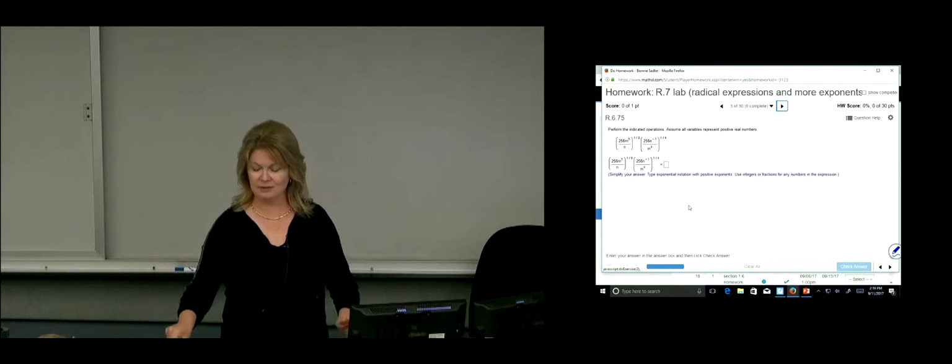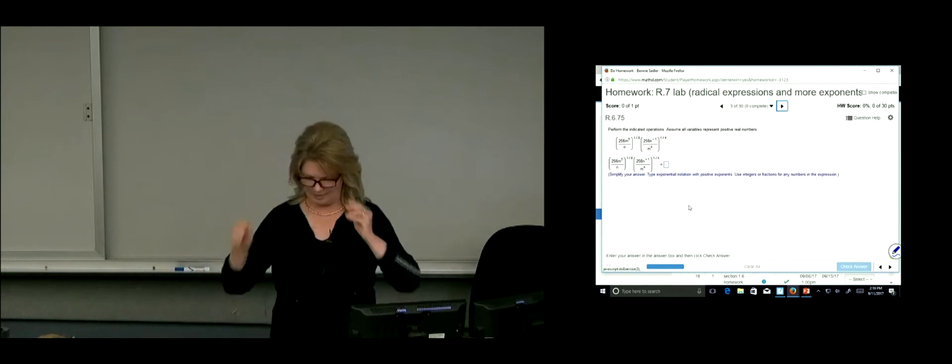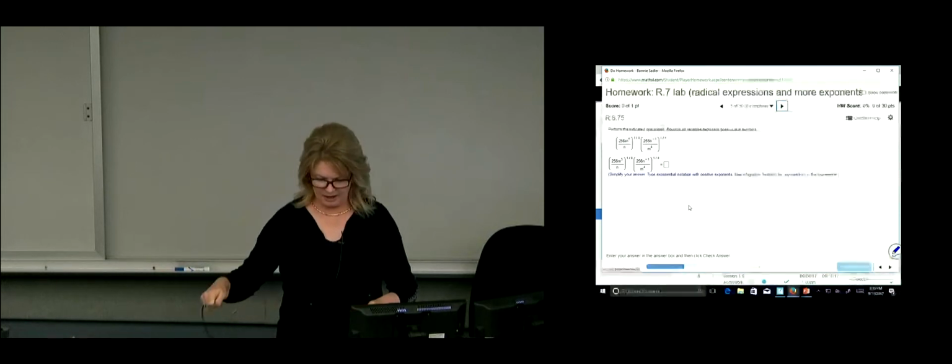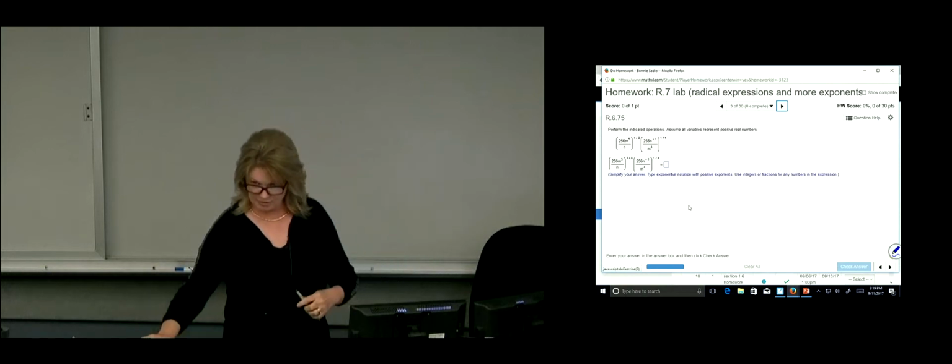Yes, this is a great problem. Here we have to deal with exponents. Can y'all even see those numbers out there?